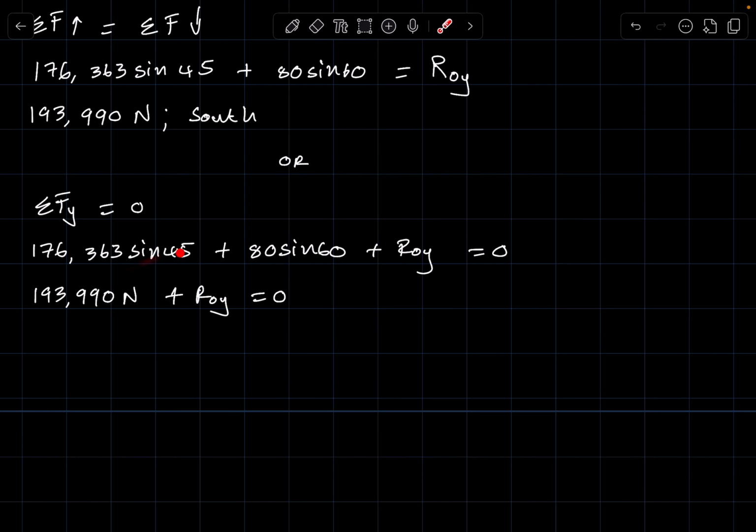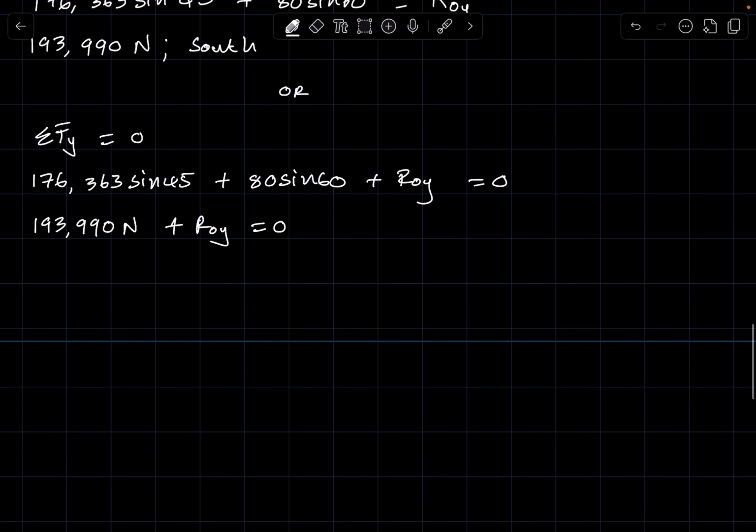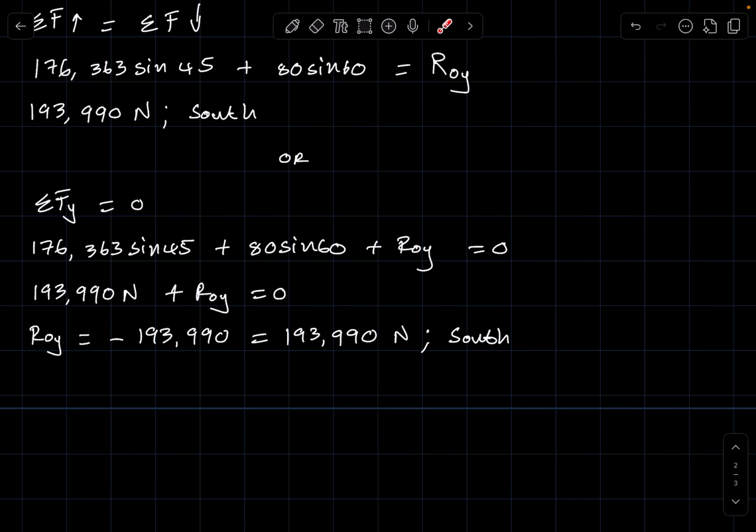And then of course you'd have to take this to that side, and then RO would be equal to negative 193,990. The negative tells us this one's direction. This is a y component, along the vertical plane, so if it's negative, it means it is headed south. So either way, you get the same thing, regardless of the approach.